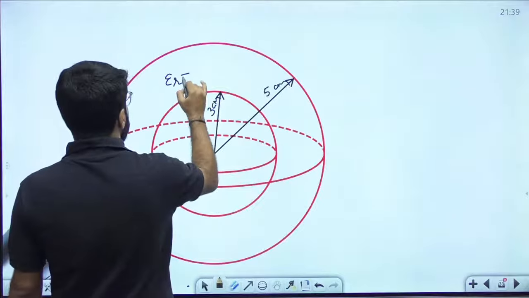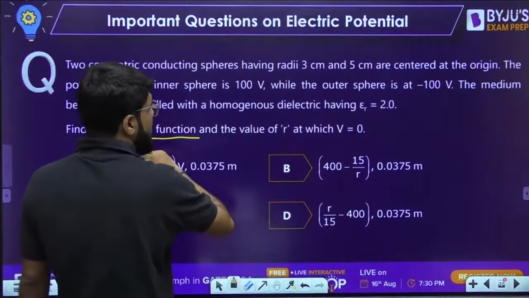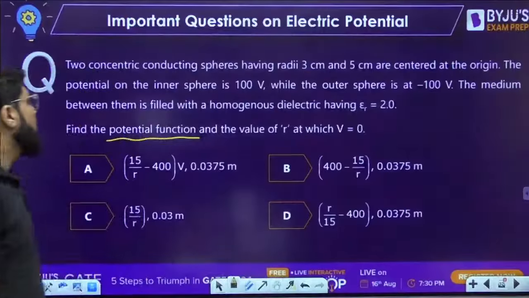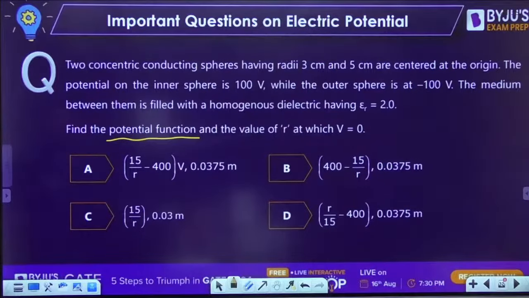They are filled with a region having relative permittivity equal to 2. Now the potential on the inner is 100 and the potential on the outer is minus 100.